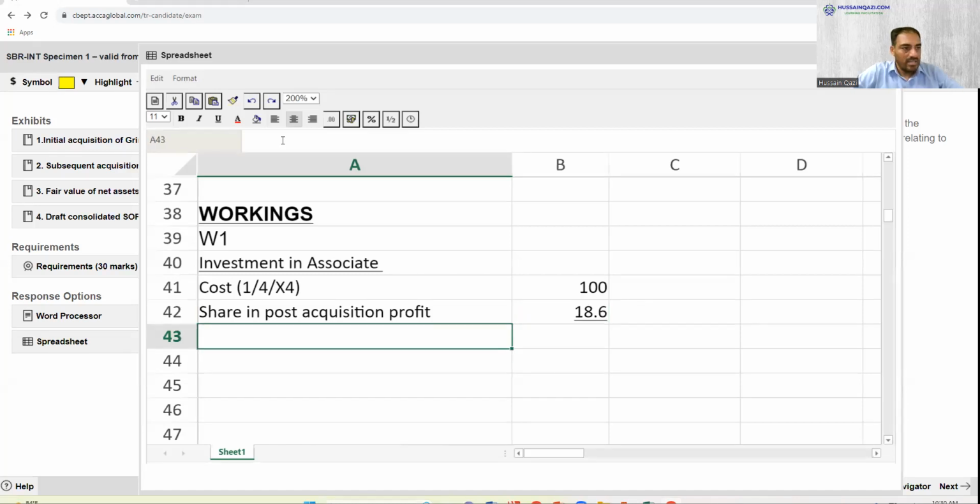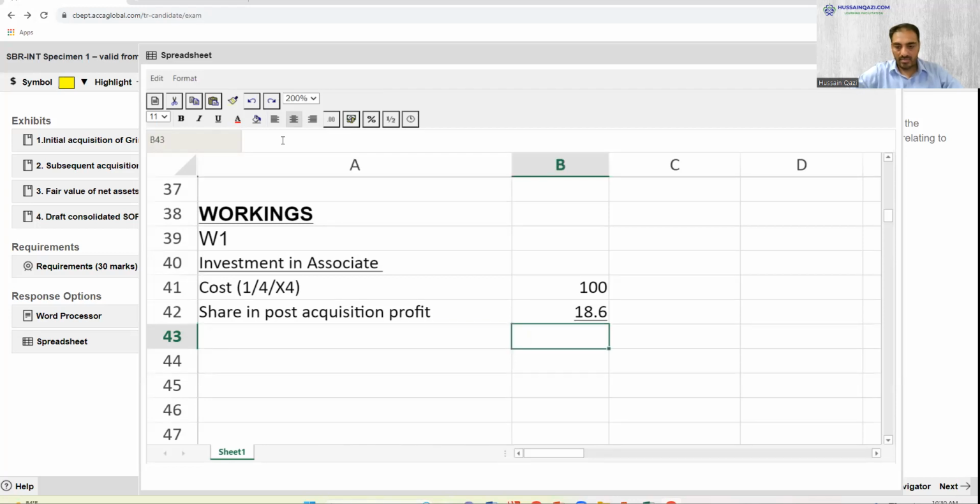So that is 100 plus 18.6. This is equity accounting.